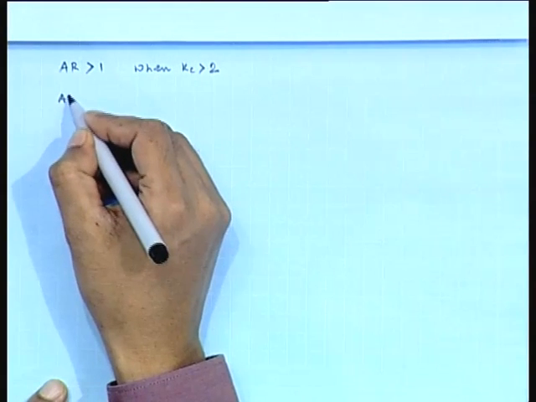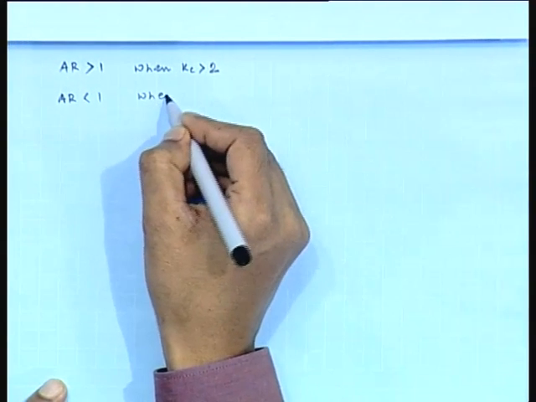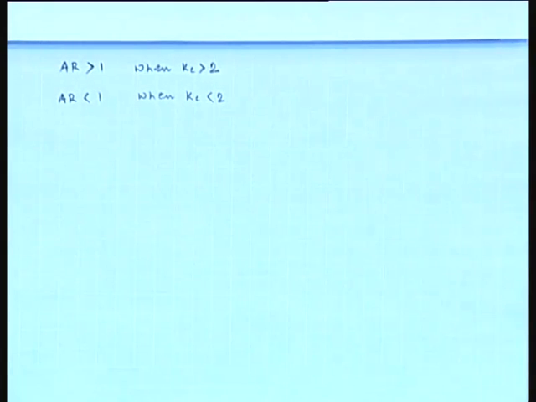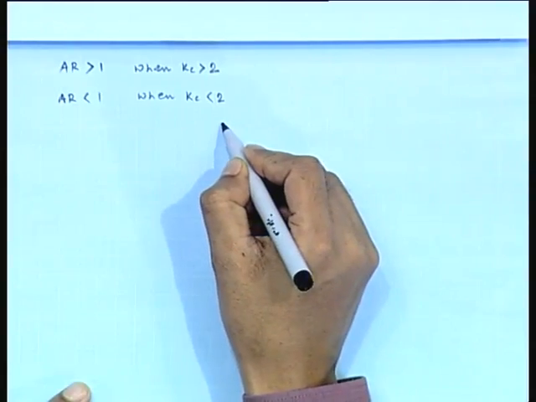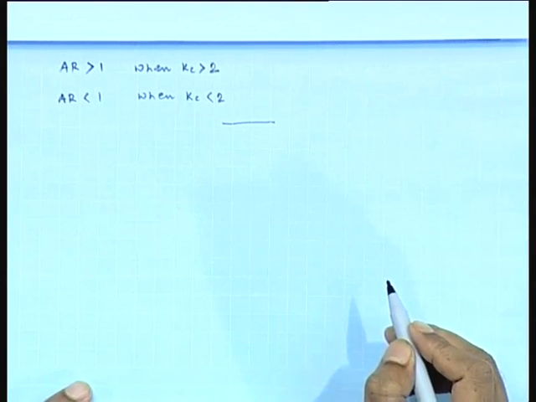Similarly, we obtain amplitude ratio less than 1 when K C less than 2. So, K C equals 2, that is the critical value of K C. I hope up to this we discussed in the last class.